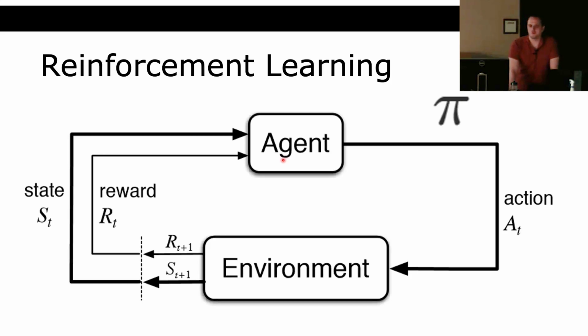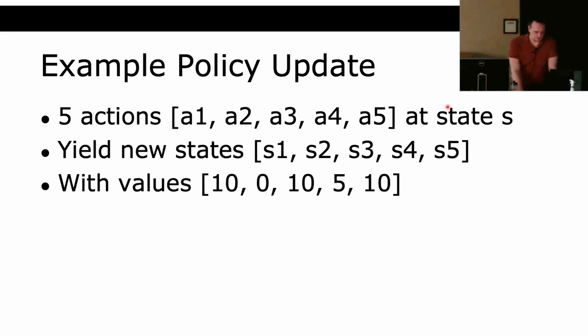Now we recalculate the values based on that reward, and then we update our policy based on those new values. So it's update the values, take an action, update the policy. Take an action, look at the values, update the policy.